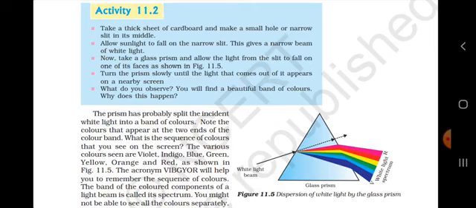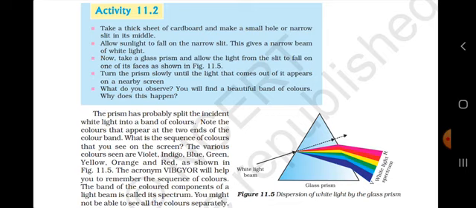Activity 11.2: take a thick sheet of cardboard and make a small hole or a narrow slit in its middle. Allow sunlight to fall on the narrow slit. This gives a narrow beam of white light.